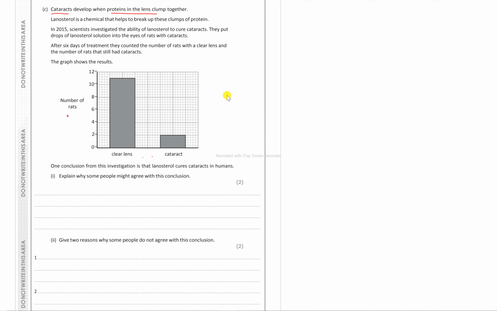One conclusion from this investigation is that lanosterol cures cataracts in humans. Explain why some people might agree with this conclusion.